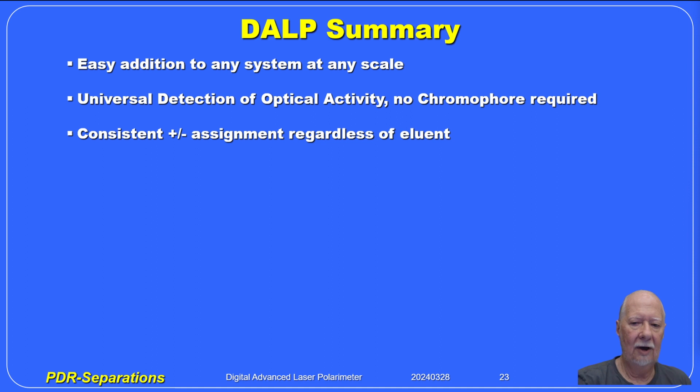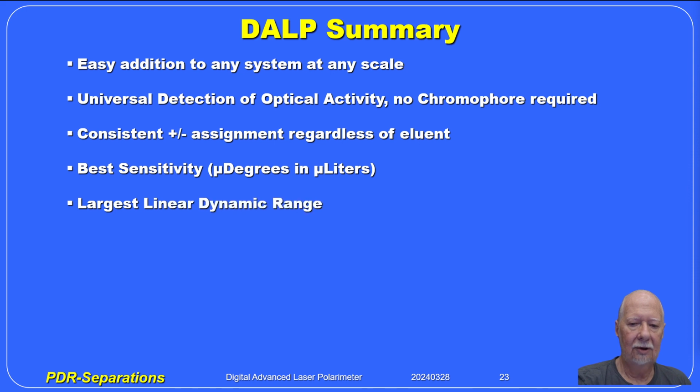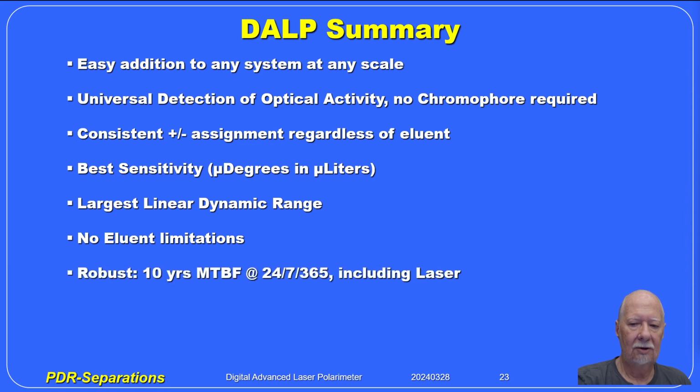Consistent plus-minus assignment regardless of eluent. Best sensitivity, microdegrees in microliters. Largest linear dynamic range. No eluent limitations. Robust, 10 years mean time between failure at 24/7, 365, including the laser.